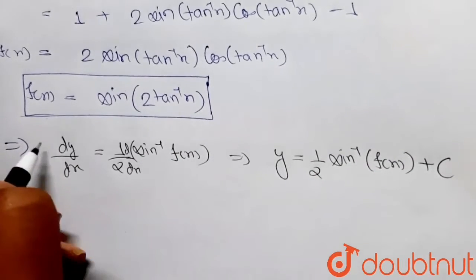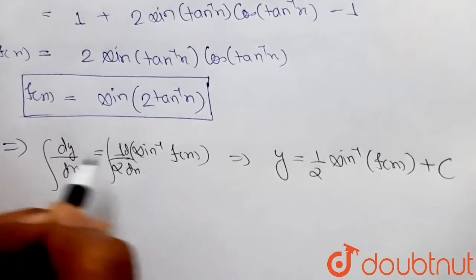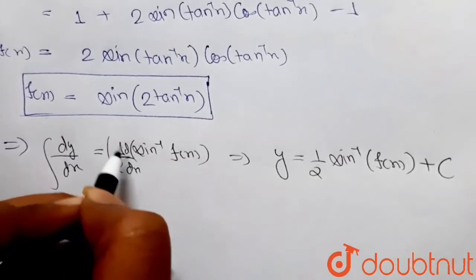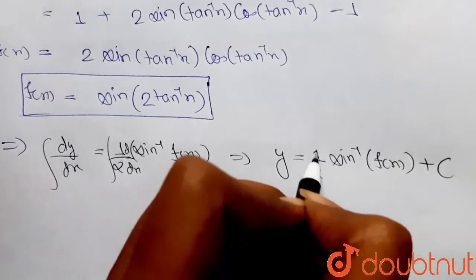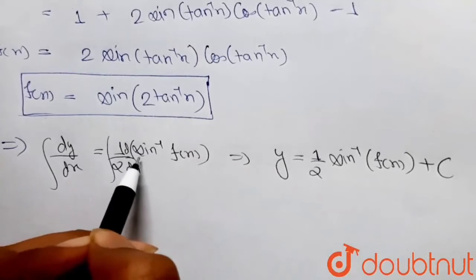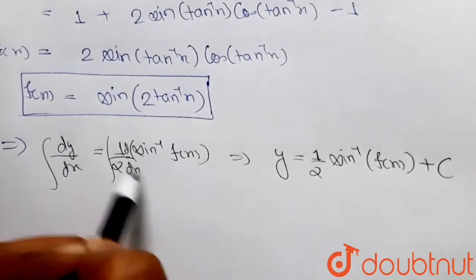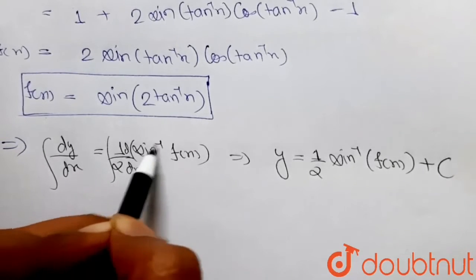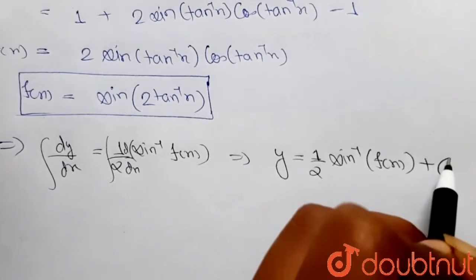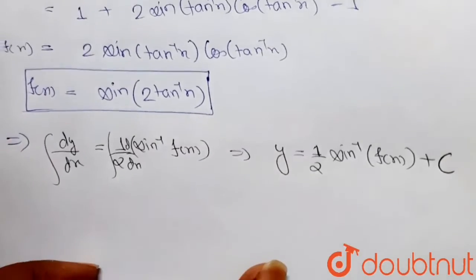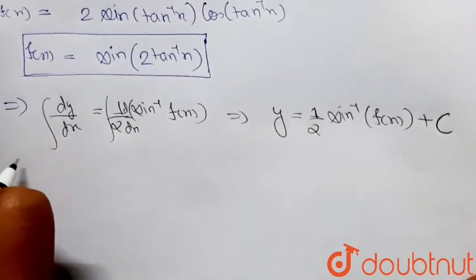When I will integrate both these things, this will become simply y, right? And here this 1 by 2 is a constant, so it will remain as it is. And then we have d by dx of this thing, right? So when we integrate this thing, this will simply remain sine inverse f of x, right? And then we will have a constant of integration c, right? So we finally have this thing.